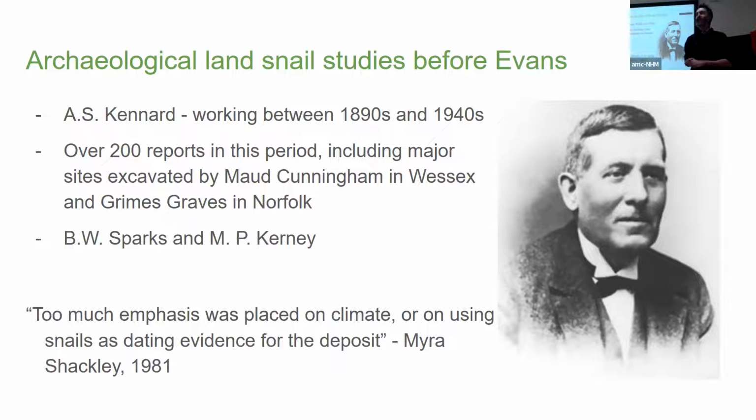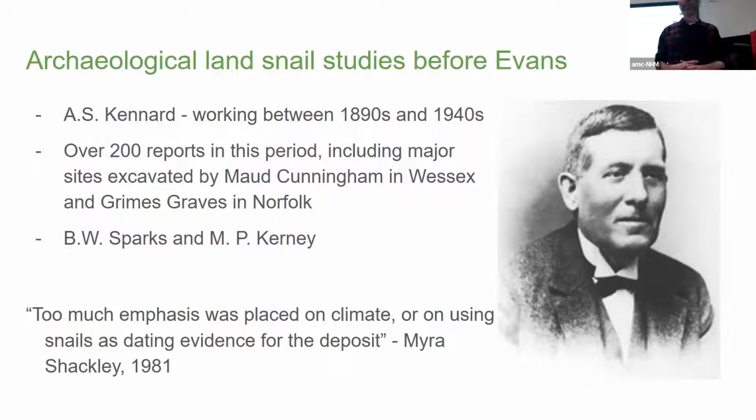So the idea that land snails from archaeological sites might have some relevance to archaeological interpretation has some antiquity. In 1869, General Pitt Rivers noticed large quantities of Pomatias elegans, then called Cyclostoma elegans, in ditches at Sidbury Iron Age hill fort. But really the first systematic work was done by A.S. Kennard, Alfred Santer Kennard, who was an amateur worker, often working particularly in earlier years alongside B.B. Woodward.